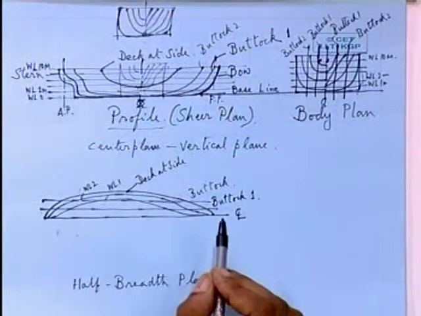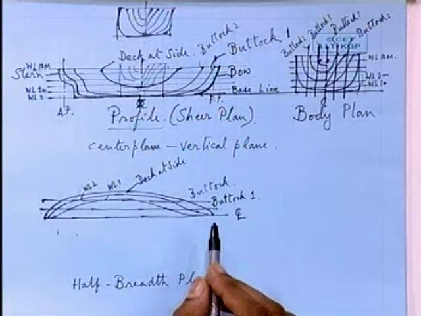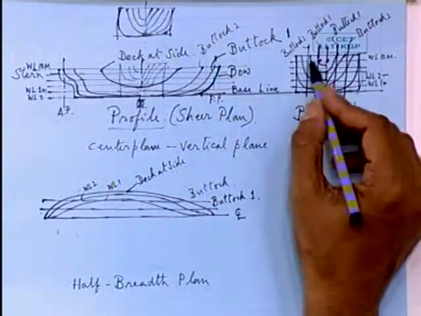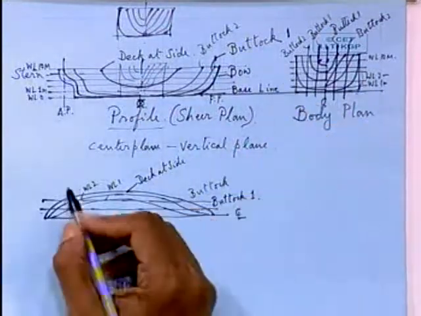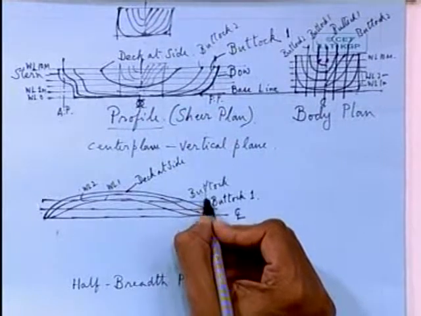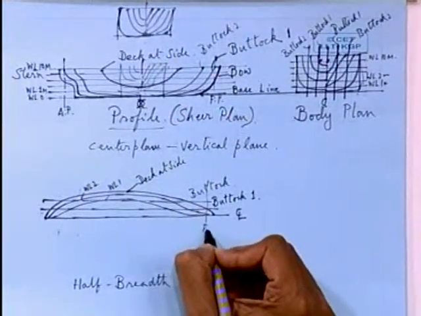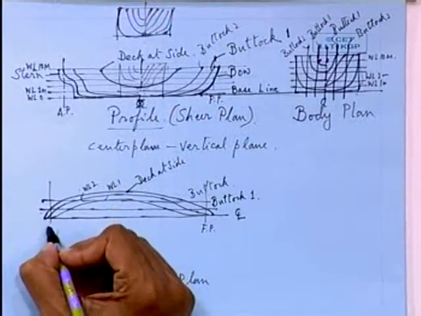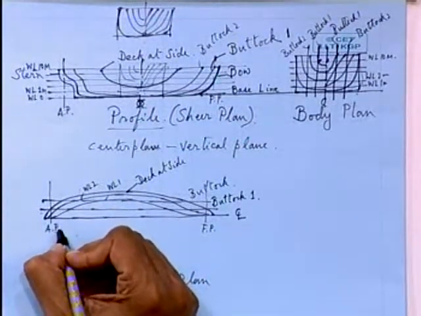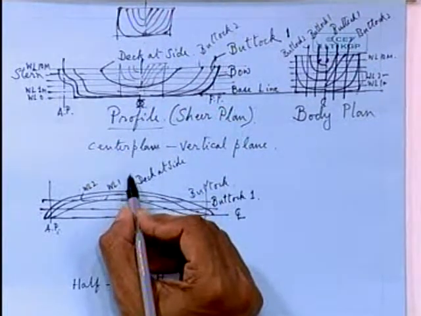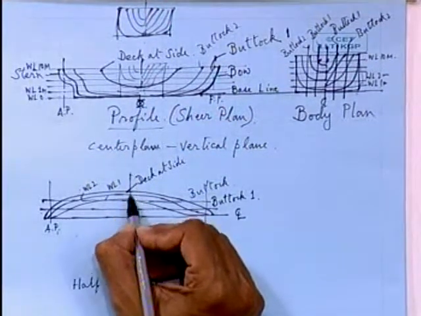But on the half breadth plan, you have not drawn the position of the sections. So again you mark the forward perpendicular here, and this is the position of your after perpendicular. These are the markings which you should make before you start marking the offsets.